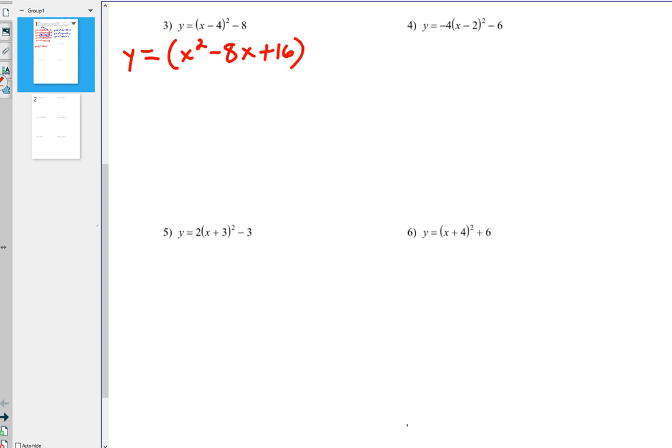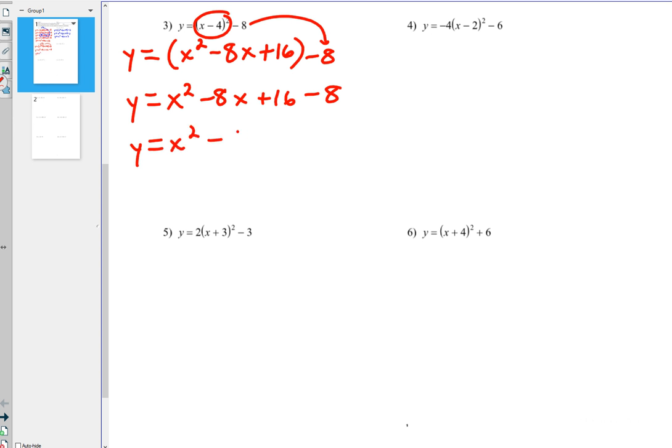That's what goes in the parentheses because that's this part. That negative 8 needs to drop out in front. So we get x squared minus 8x plus 16, because anything times 1 is itself, minus 8. And finally, 16 minus 8 is just 8, which is what you should have ended up with.